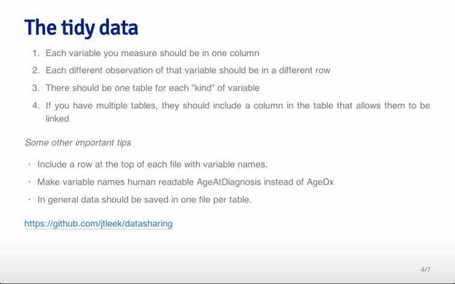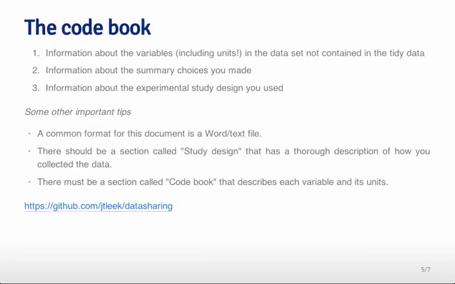So it's better to err on the side of being more explicit. And in general, data should be saved in one file per table. So it's a habit of some people to save data in multiple Excel spreadsheets within a single Excel file. And so it's a better idea to save each spreadsheet in a different file. So we'll talk about that in the class.